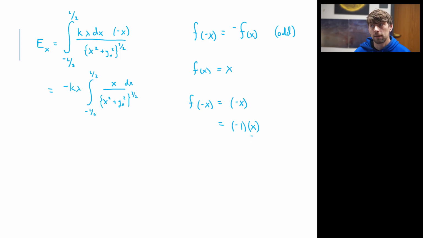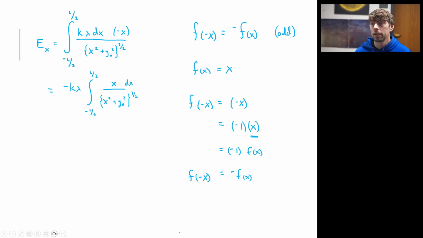And notice that this, just regular x, is my original function. I have negative 1 f of x. And lastly, we generally don't write the 1 in, so I get negative f of x. And therefore, I've shown that when I plug in a negative argument, I can arrive at the original function with a positive argument and then a negative sign out front. When this happens, again, we call those odd functions.